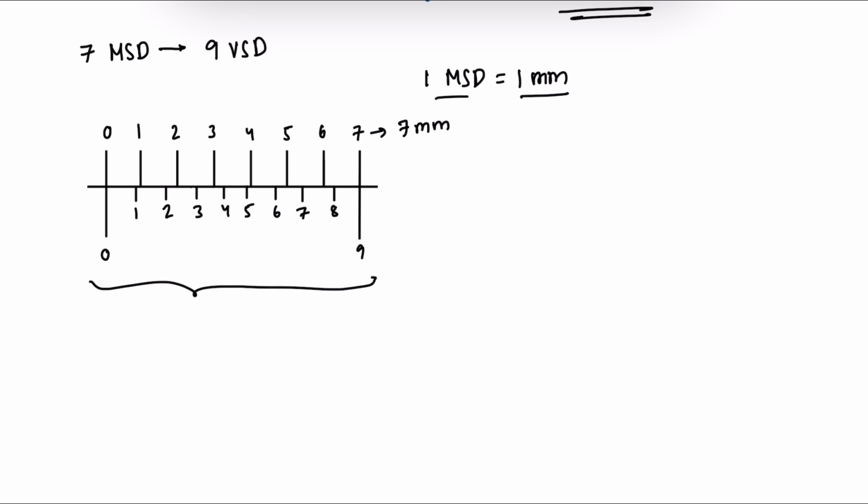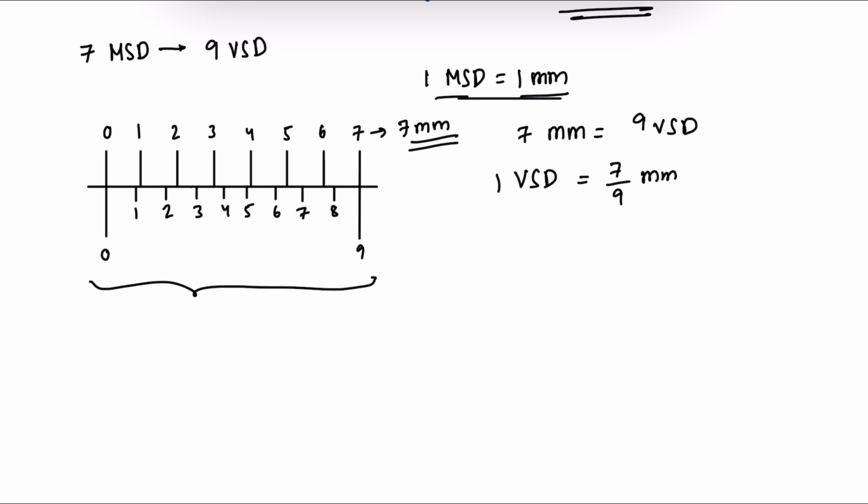We know that 1 MSD is 1 millimeter, and here is 7 millimeters. So 7 millimeters is equal to 9 VSD. So then we get 1 VSD is equal to 7 over 9 millimeters.